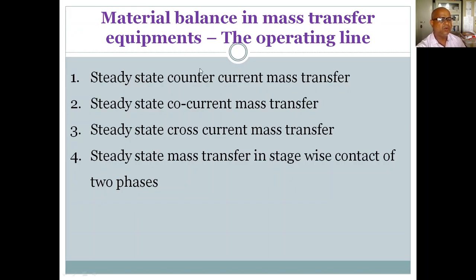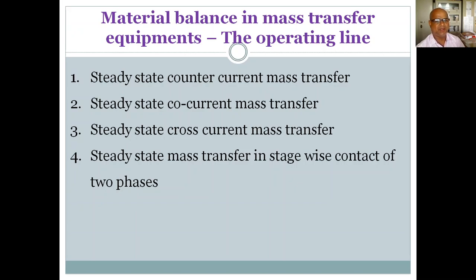So one is counter current mass transfer. You know this counter current: the G phase flows in one direction and the L phase flows in the other direction. Then steady state co-current. Co-current means in whichever direction the G phase flows, the L phase also flows in the same direction. Cross current means, let's say the G phase is flowing north to east, then the L phase will flow east to west.